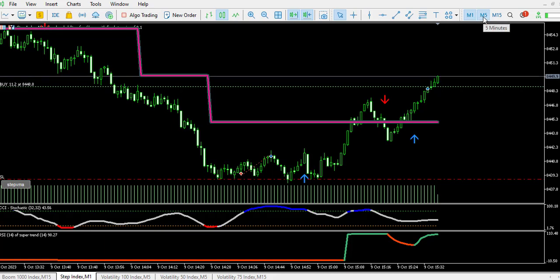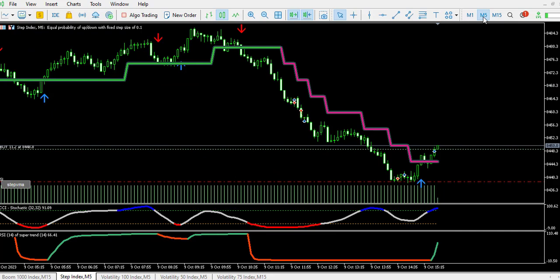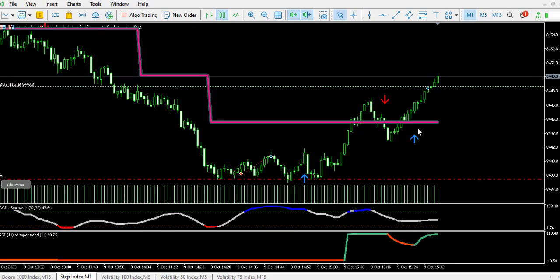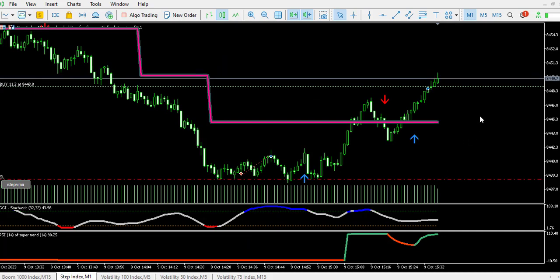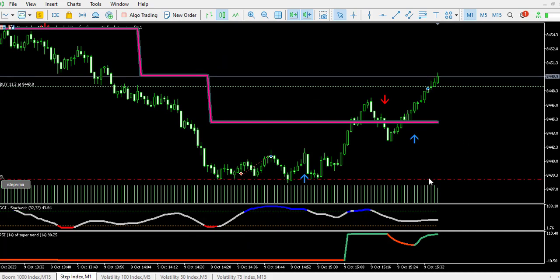And if you want to use 5 and 1 minute time frames, which I do use, then the 5 minute trend must be in the uptrend, and you will only scalp in 1 minute in the direction of 5 minutes. And this is how to use this particular strategy.